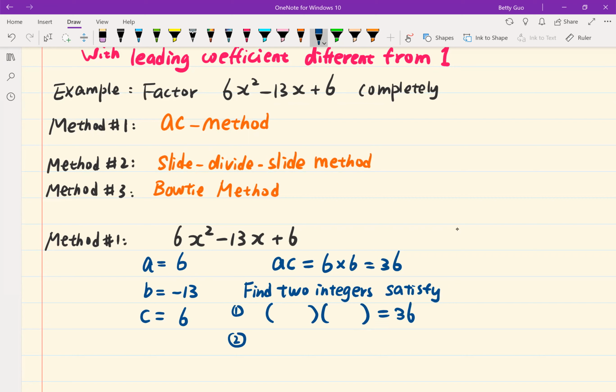Condition 2, the two numbers need to add up to B. It's negative 13 in this case. We identify A times C, 36. Value for B is negative 13. So we need to find the two integers whose product is A times C, 36, whose sum is B, negative 13.